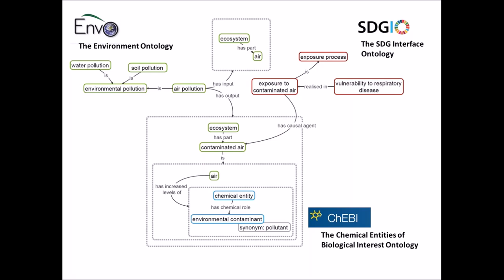And SDGIO, for the semantics of things like exposure or hazard, takes the understanding of exposure in the SDG context and links it to the actual material entity that is described by a more neutral, ecologically grounded ontology such as ENVO, to gather those characteristics and also feed them into ChEBI so that we know what kind of chemicals could be involved in that, and what kind of chemical roles they have.